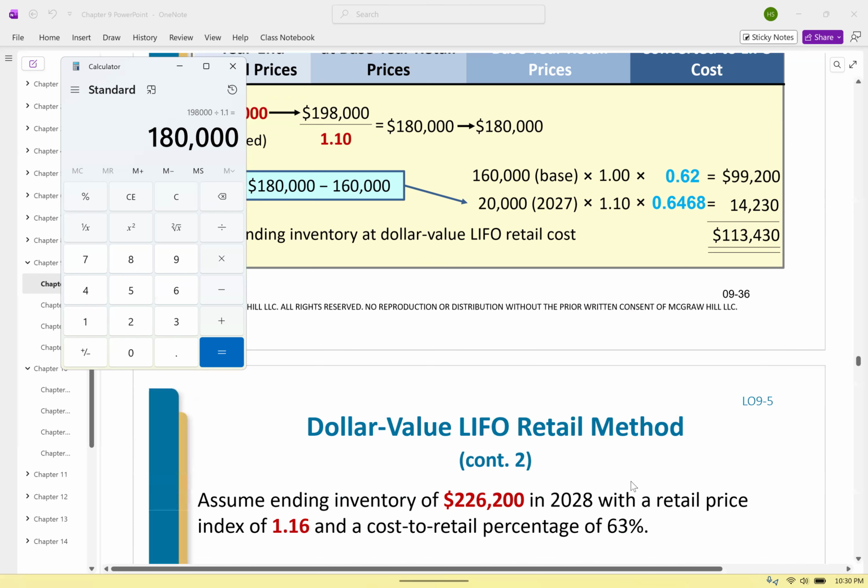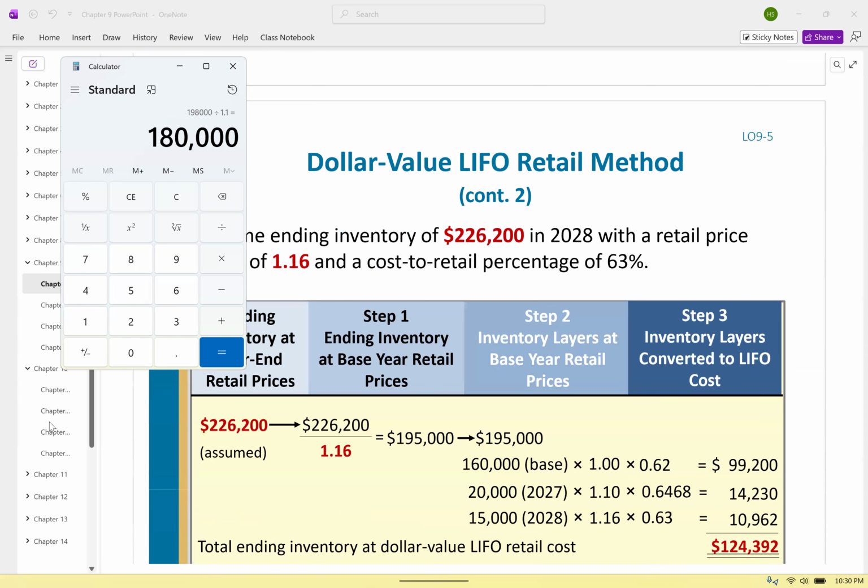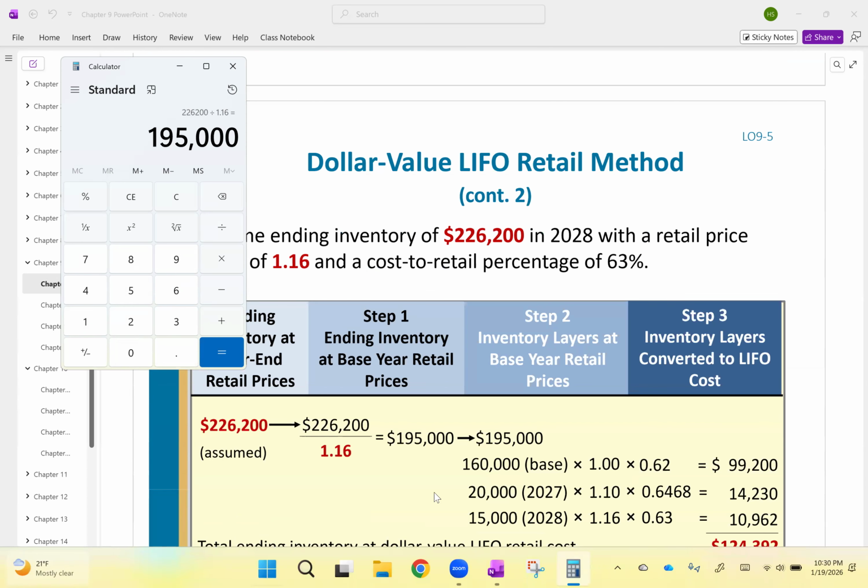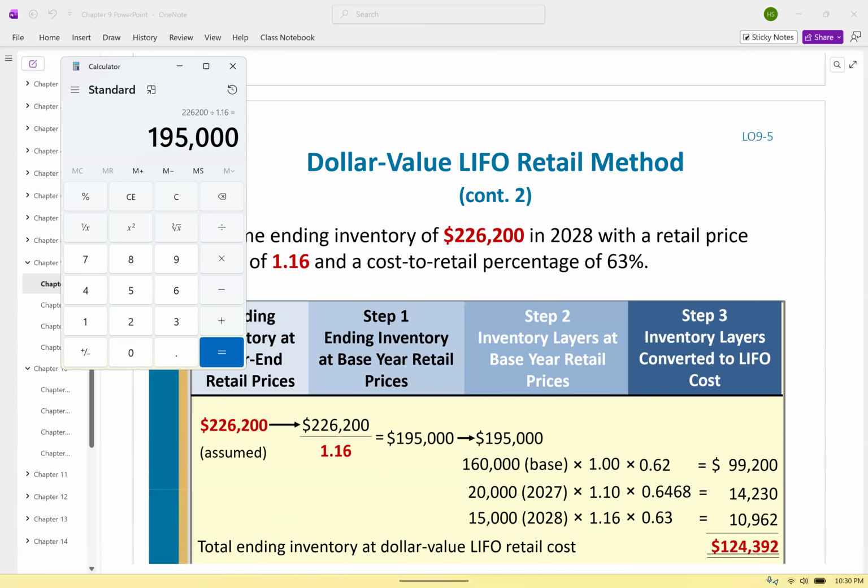They actually take us through another year on this, which I really like. In the next year, they calculated 226,200, and we're going to divide that by the price index that year of 1.16, which gives us 195,000. We had 160 in that layer, and nothing happened to that layer. We gained this $20,000 layer. Now we have more, so those two equal 180, and the difference is the 15,000.